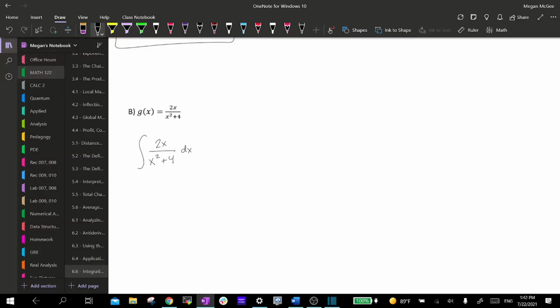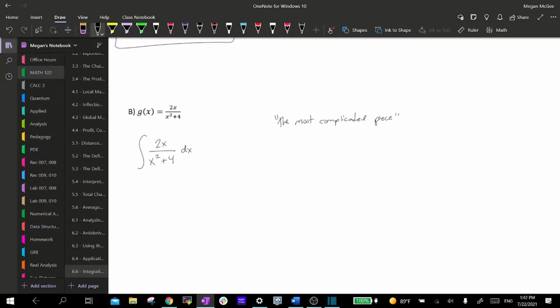In this case, there's not really an inside or outside function. If that's not what we have going on, the next best thing to look for is the most complicated, in air quotes, piece.